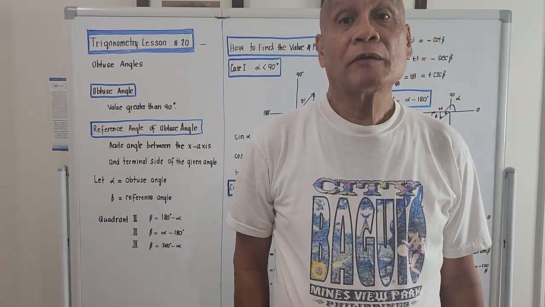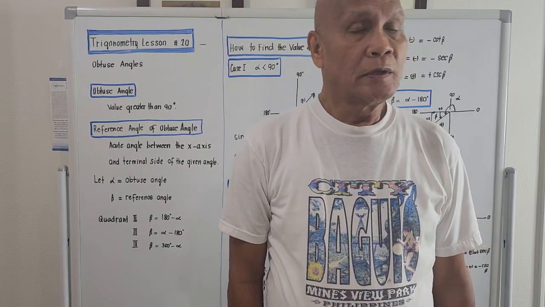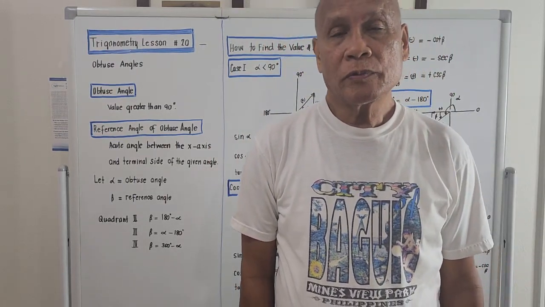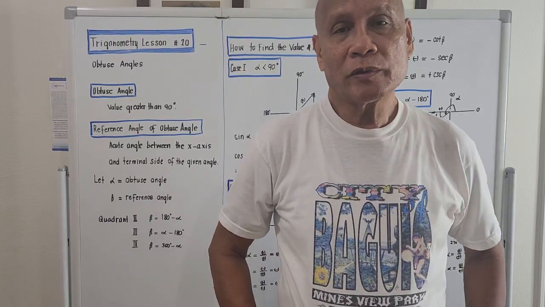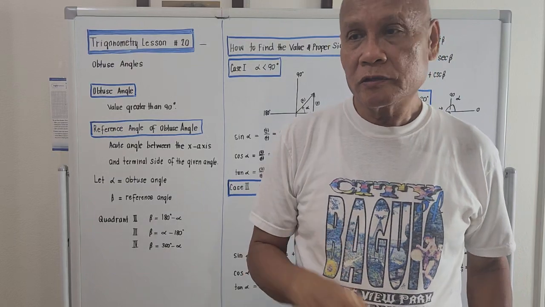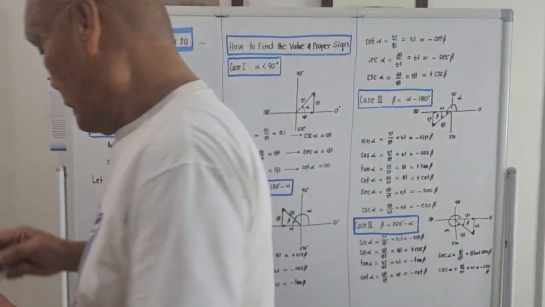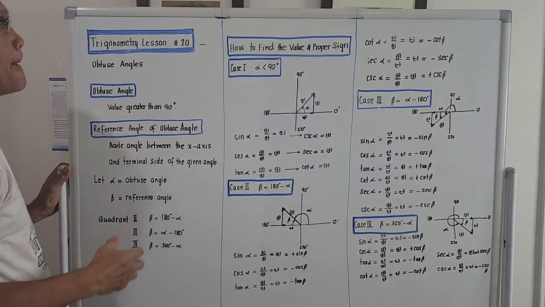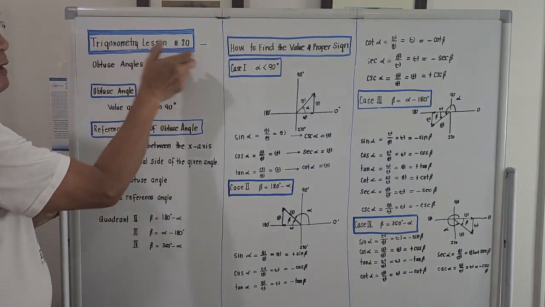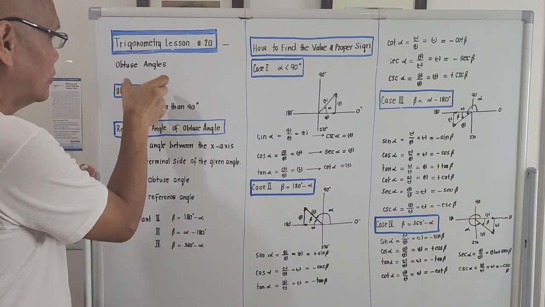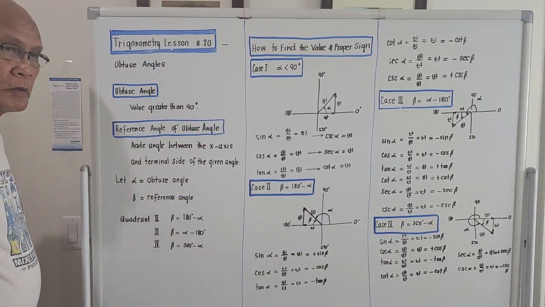Okay, my topic for tonight will be trigonometry, a continuation of my long video format topic, trigonometry, and we are now on lesson number 20. Okay, let's proceed. The subject matter for tonight will be trigonometry, lesson number 20, and the title of the topic will be obtuse angles.